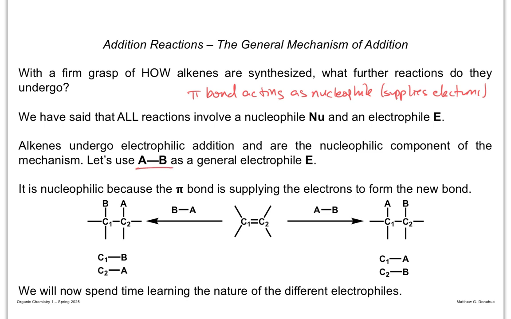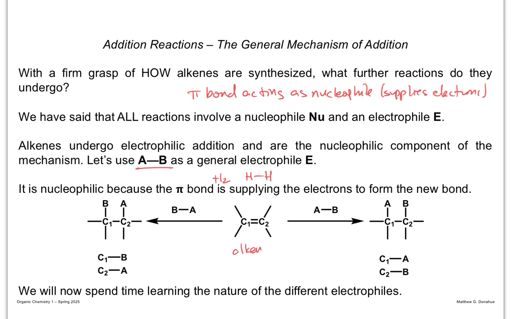I'm going to say A, B. So A and B can be the same element, or they can be different elements. So for example, hydrogen gas, H and H, that would be an electrophile. So A and B are both H.